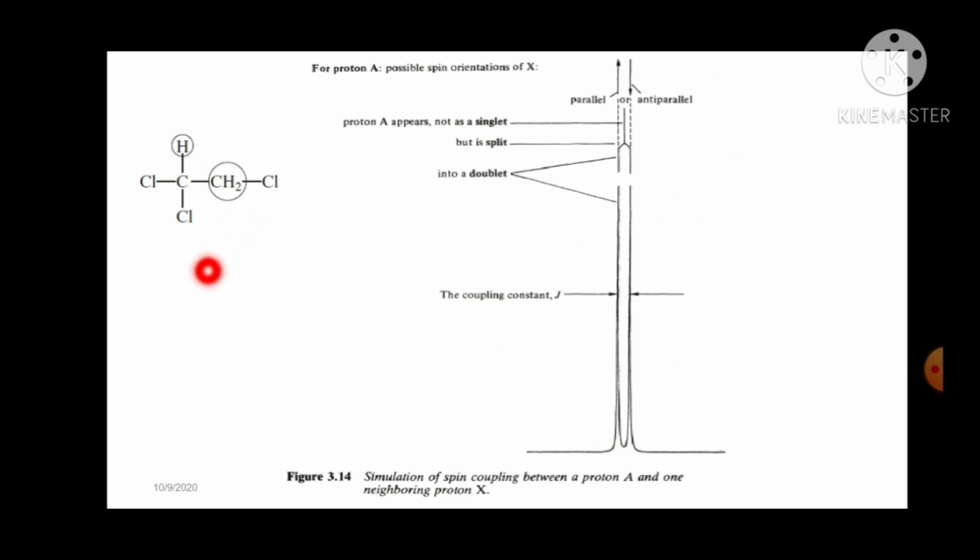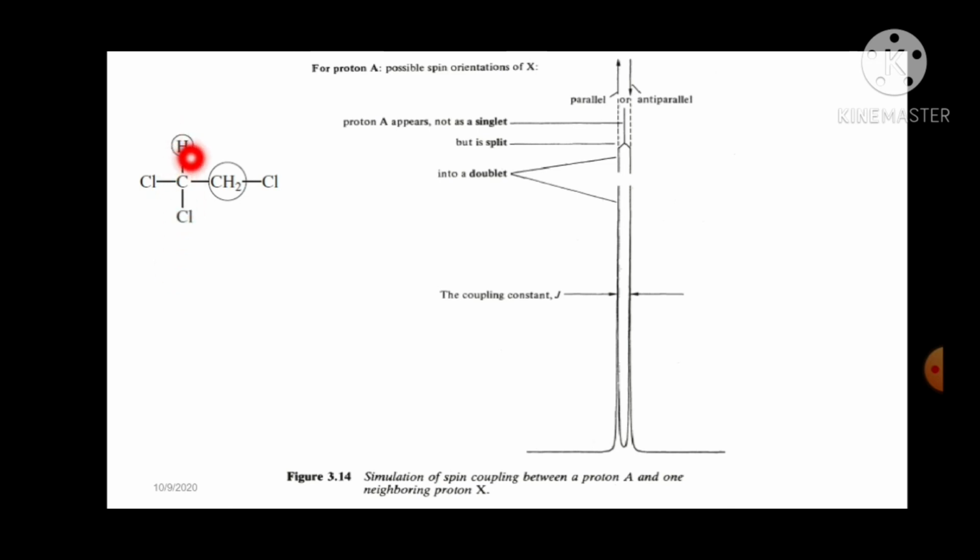We know that under the influence of B0, the nucleus of the proton will either remain aligned or opposed to the applied magnetic field. Either it could be parallel to the applied magnetic field B0 or anti-parallel to the applied magnetic field B0. So what is happening here: the neighboring proton of this CH2, this CH proton, can take two possible orientations under the influence of the applied magnetic field B0.